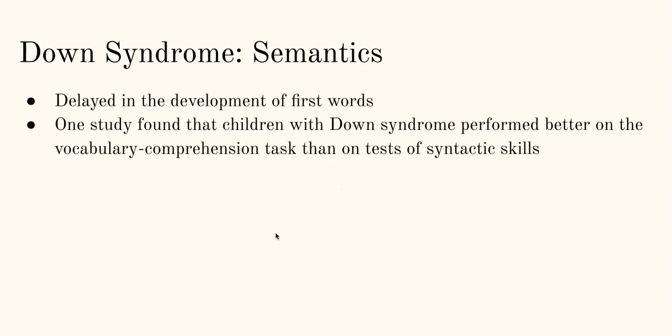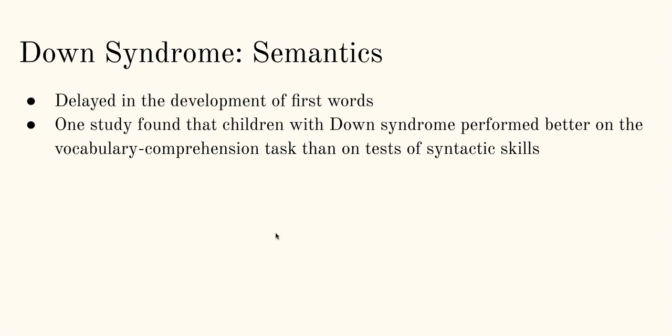Semantics. The first words are going to be late. One study has found that children with Down syndrome performed better on the vocabulary comprehension task than on tests of syntactic skills.